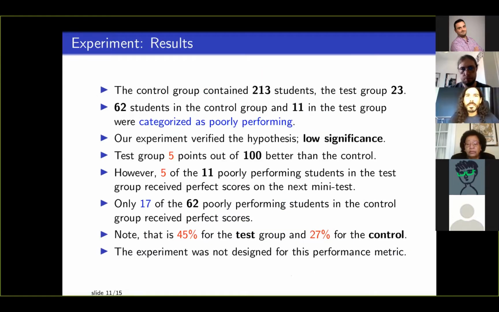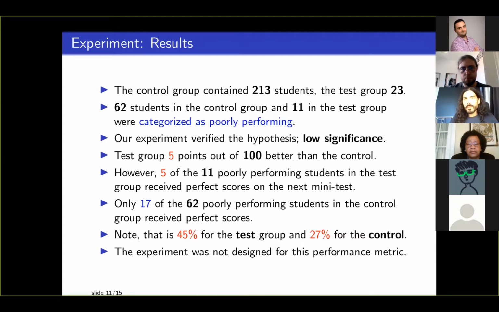As for the experiment, we had 213 students in the control group and 23 in the test group. We reduced that to the poorly performing, which is 62 students in the control group and 11 in the test group. Our experiment verified the hypothesis, but with very low significance.